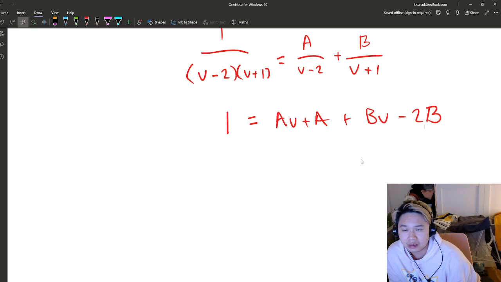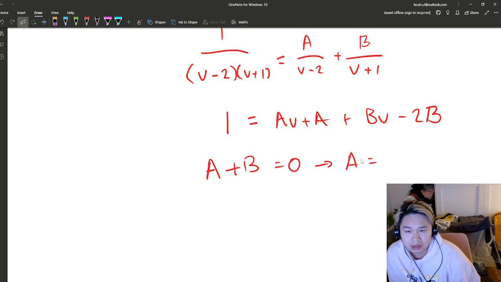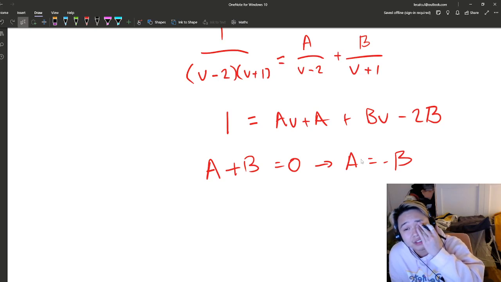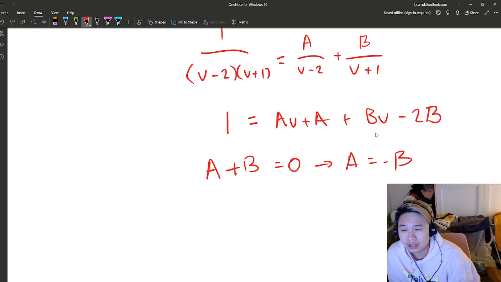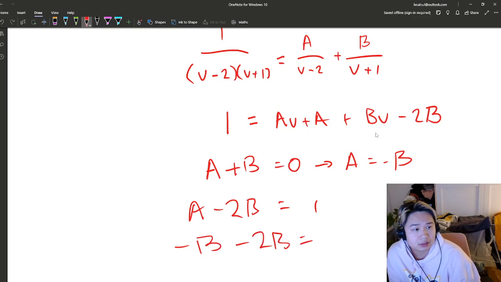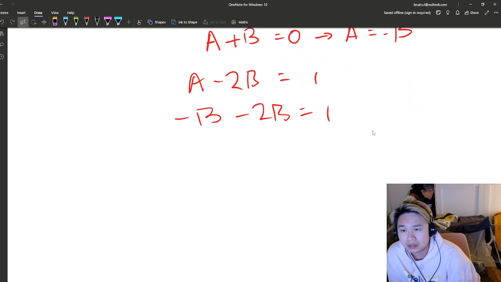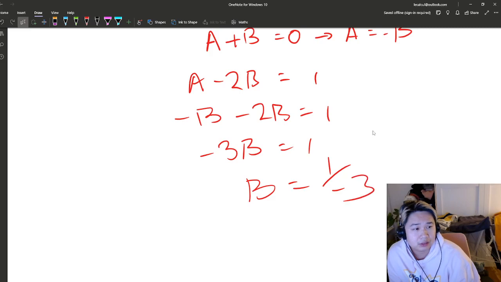So easy enough. A plus B needs to be 0, so A is negative B. This is from having no coefficient for V. And then we have A minus 2B is equal to 1. And then this is minus B minus 2B equals 1. So minus 3B equals 1. So B equals 1 over negative 3. And then that means that A, which is the negative version, is going to be positive.